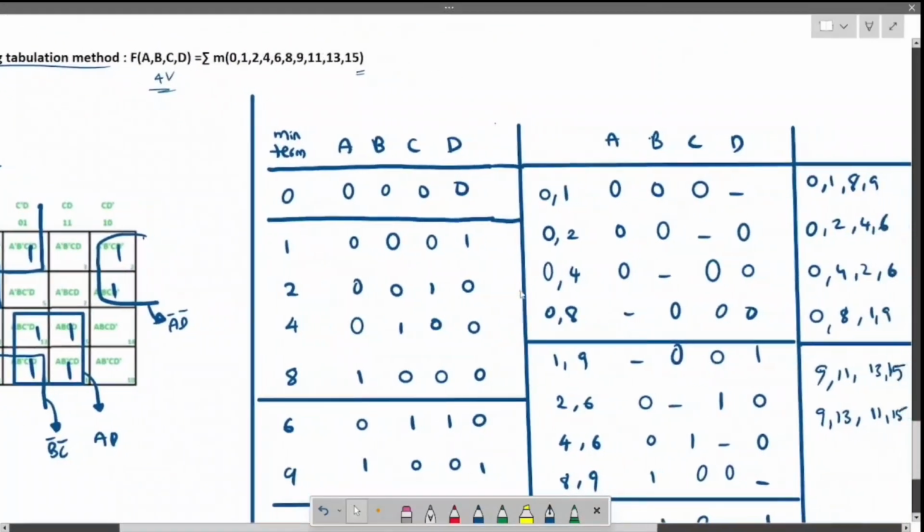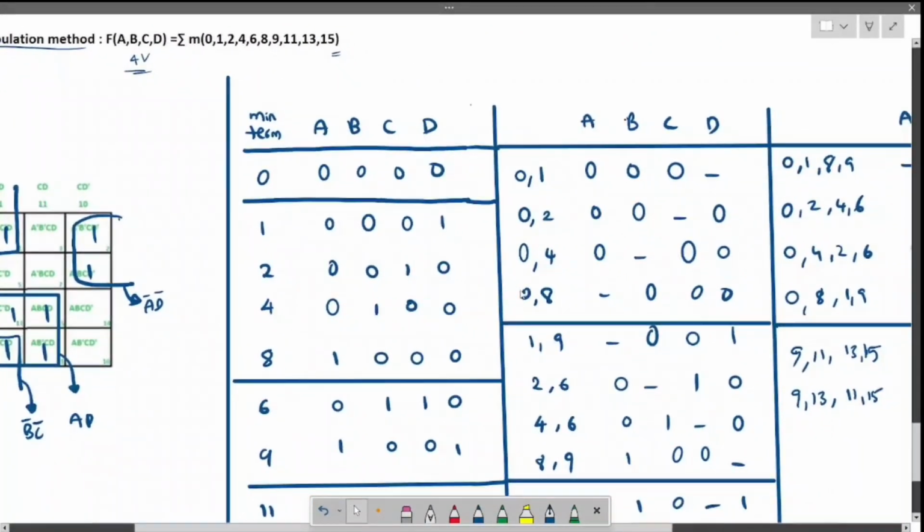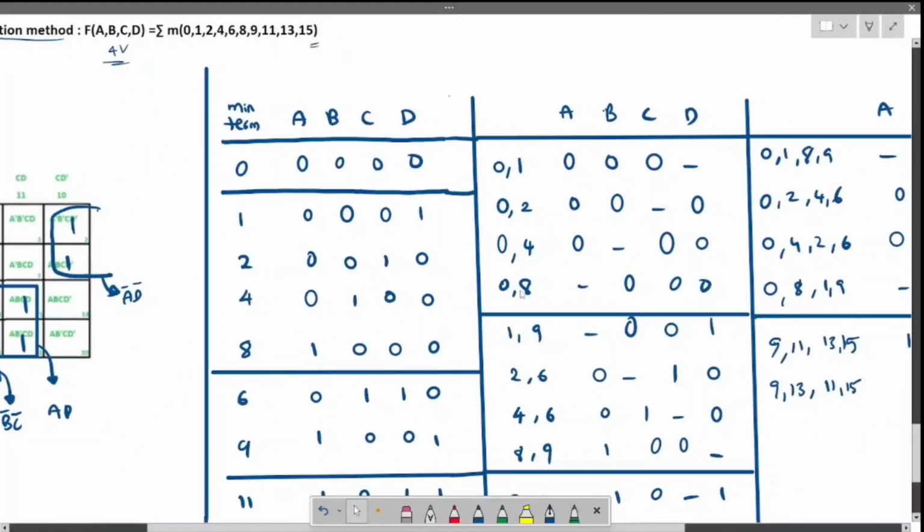Now in the tabulation, listen carefully, this is an important topic, it is a big process.